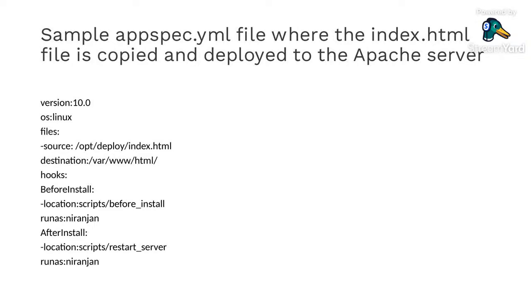So here the runas user can run that action in CodeDeploy. Then after the installation, my file is deployed to a particular location, but how will my server know? So I will restart my server. If it is Apache Tomcat or JBoss, I will restart that.